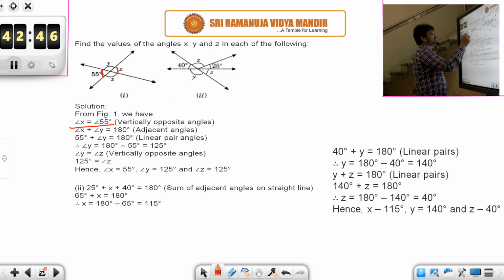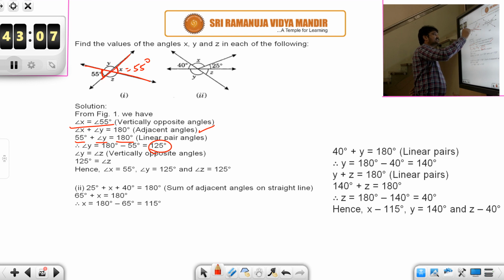And then if you look at this, angle x is 55. Now if you look at this as a straight line, x and y form a linear pair. Straight angle, adjacent angles, and they are a linear pair, right? So 55 plus y should be 180. So from this you will get y as 125 degrees. Okay.